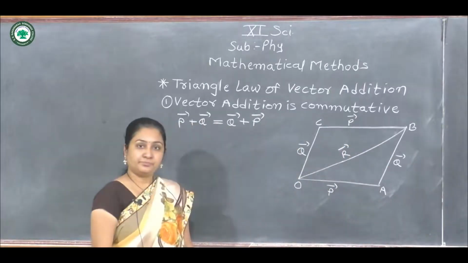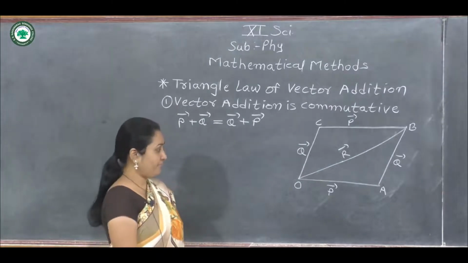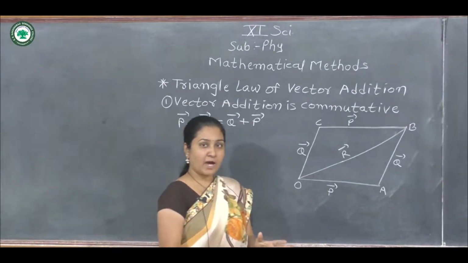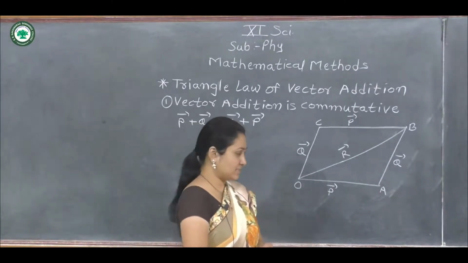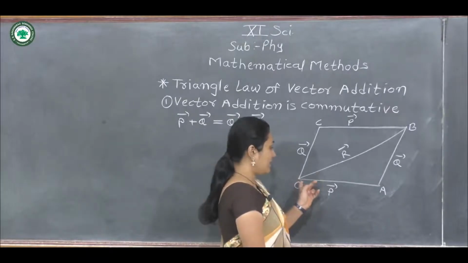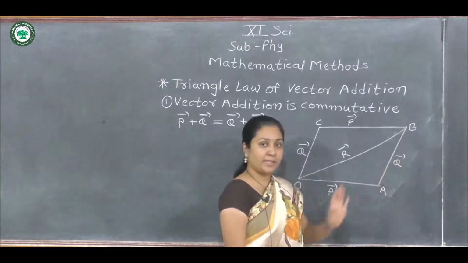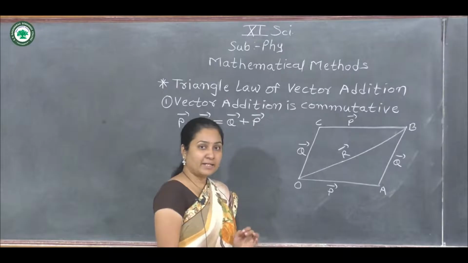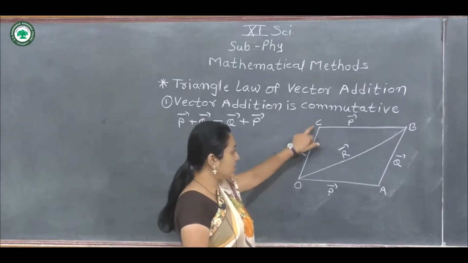So now consider this diagram. Here we have drawn two triangles. The first triangle is OAB and the second triangle is OCB.